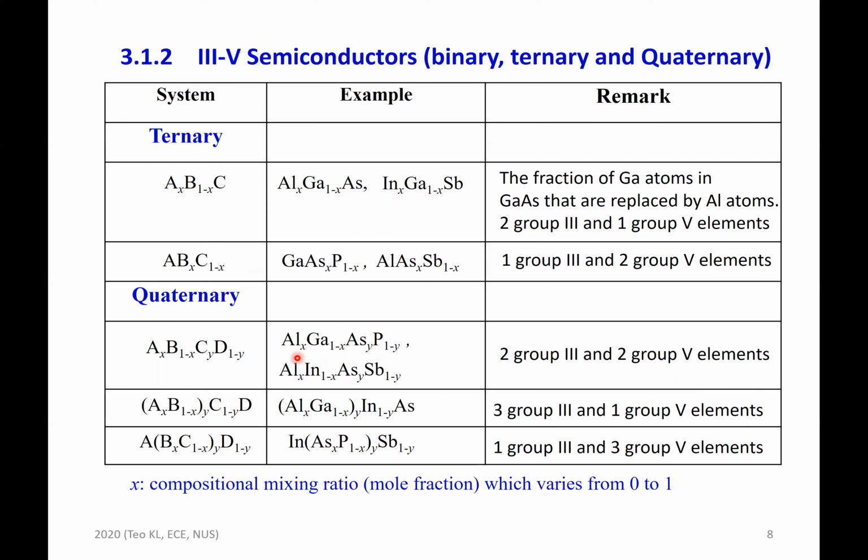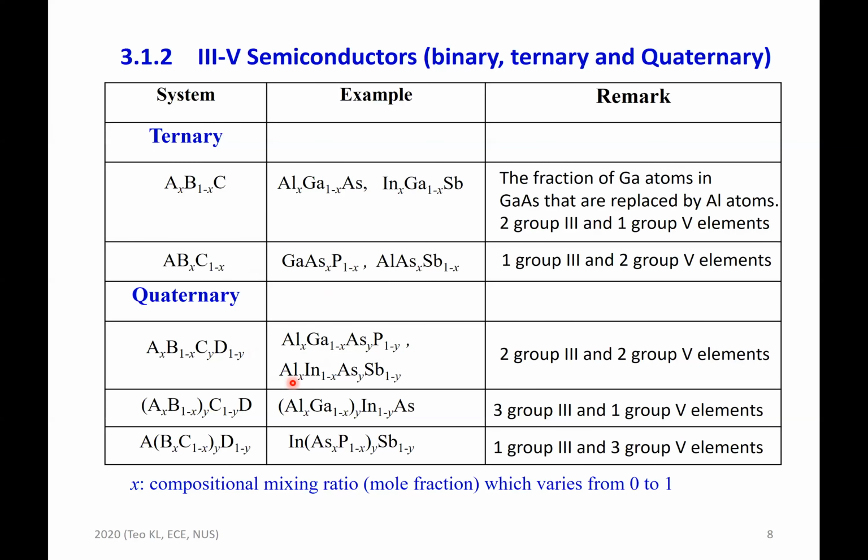So when X equals 0, you have only gallium arsenide phosphide, where you come back to a ternary alloy. When X is 0, no aluminum, you just have gallium, and then for arsenide and phosphide, you do not change your Y, so it becomes a ternary alloy.